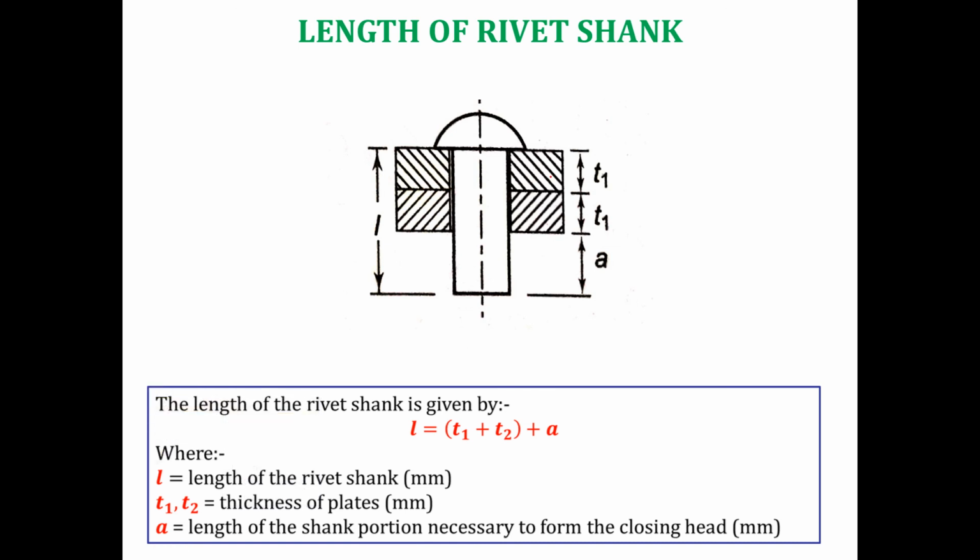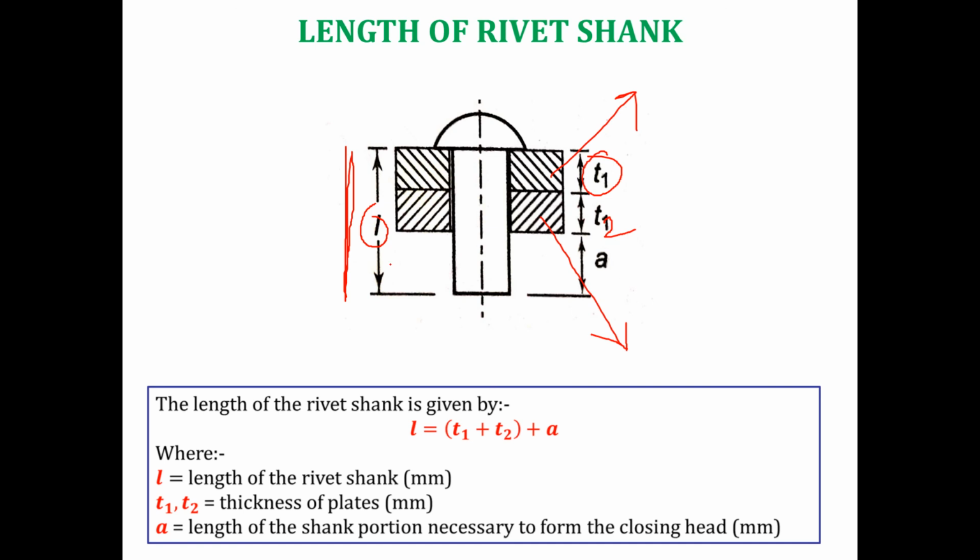Say this is part A and this is part B. Part A has some thickness T1, and part B has some thickness, say T2. Capital L is the total length of the shank portion.